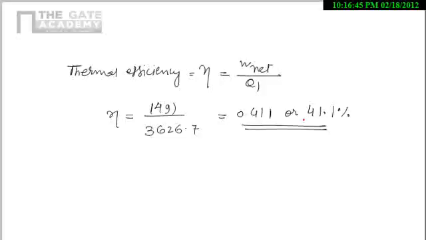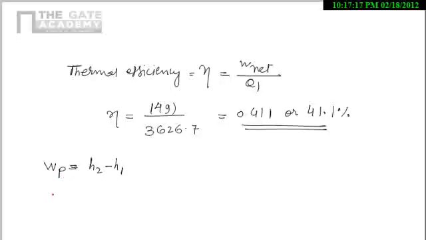Now we have to calculate the enthalpy at pump discharge. For pump work, we have work from 1 to 2, so the enthalpy change will be H2 minus H1. The pump work here is negligible.